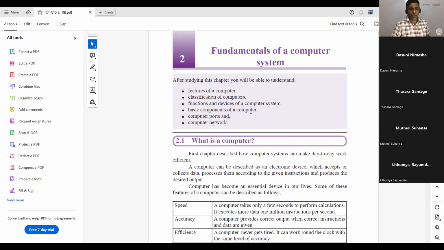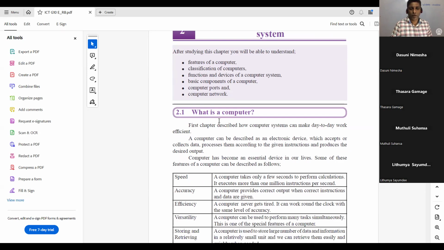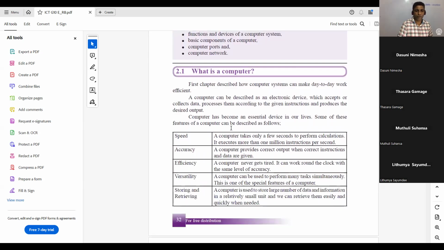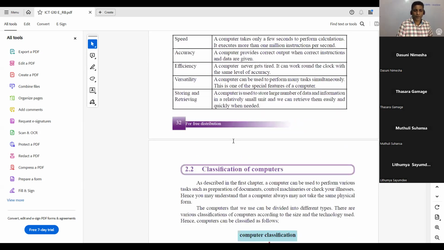Here we are going to discuss the features of a computer. Let me go through the lesson. There are several features, and basically five features are given to study.